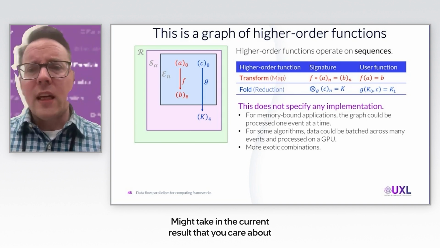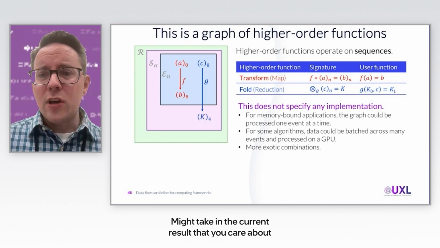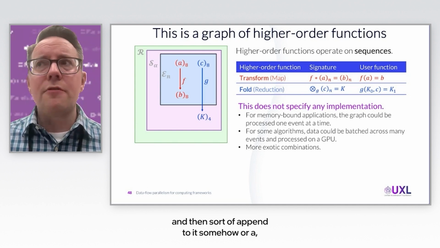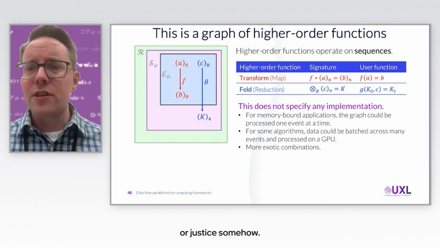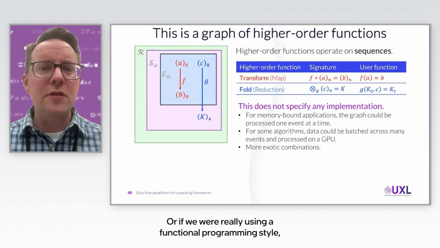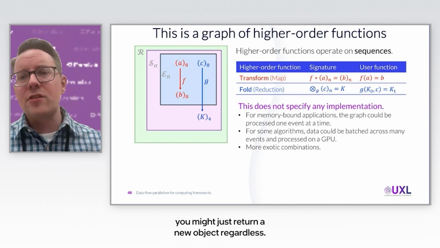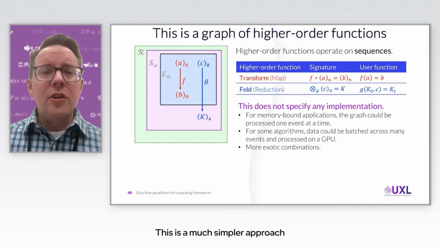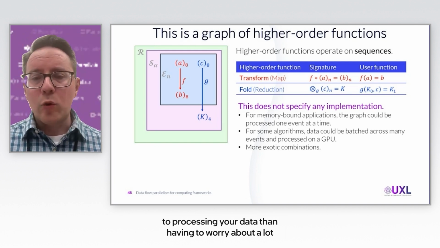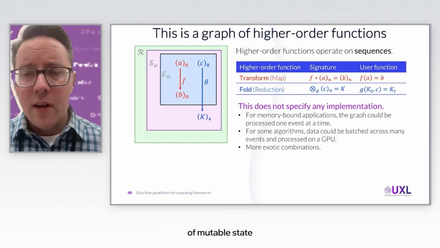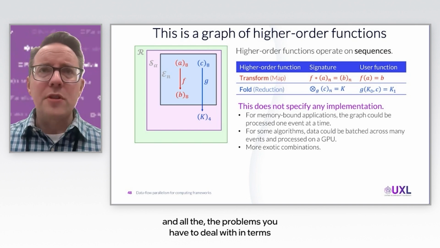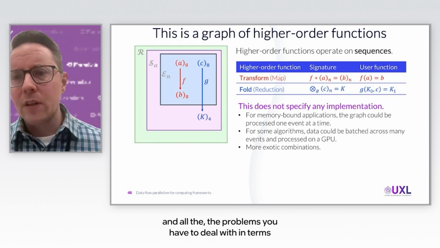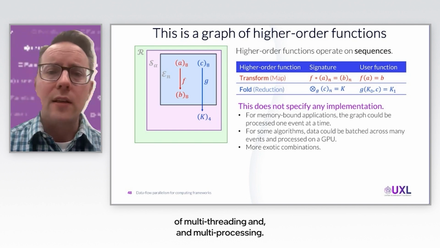You might take in the current result that you care about and then append to it or adjust it somehow. Or if we were really using a functional programming style, you might just return a new object. Regardless, this is a much simpler approach to processing your data than having to worry about a lot of mutable state and all the problems you have to deal with in terms of multi-threading and multiprocessing.